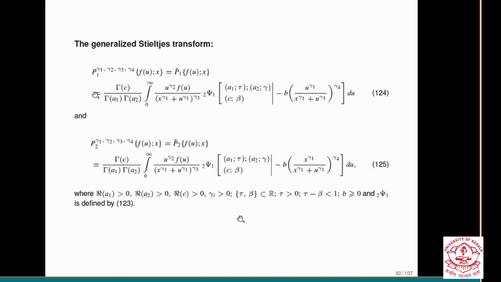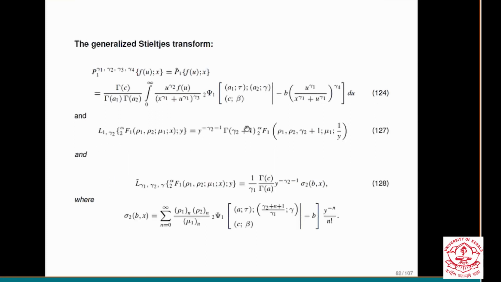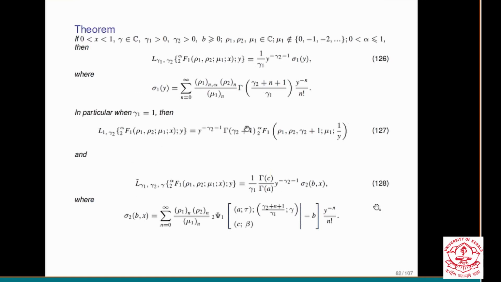and here she also gave the generalized Hysterresis transform. Here we also use that generalized Hysterresis transform, and I got the result 124 as well as 125. And this is again one theorem, so this is your extension of this Laplace transform.